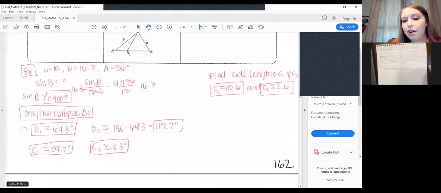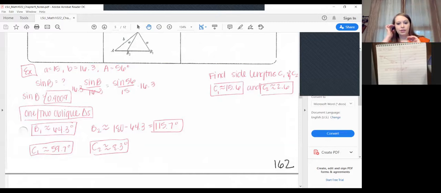Okay, to figure out if you have a B2, you're always going to do 180 minus B1. Always, always, always 180 minus B1. And it is 115.7.